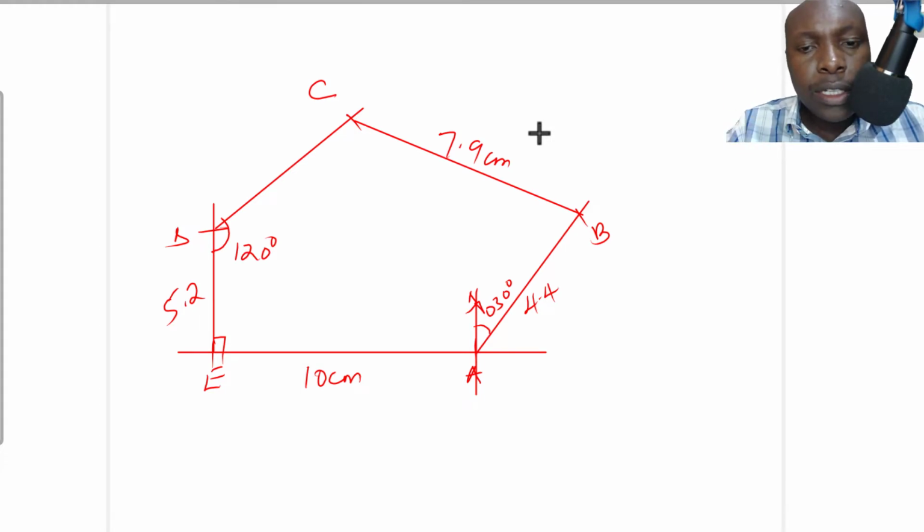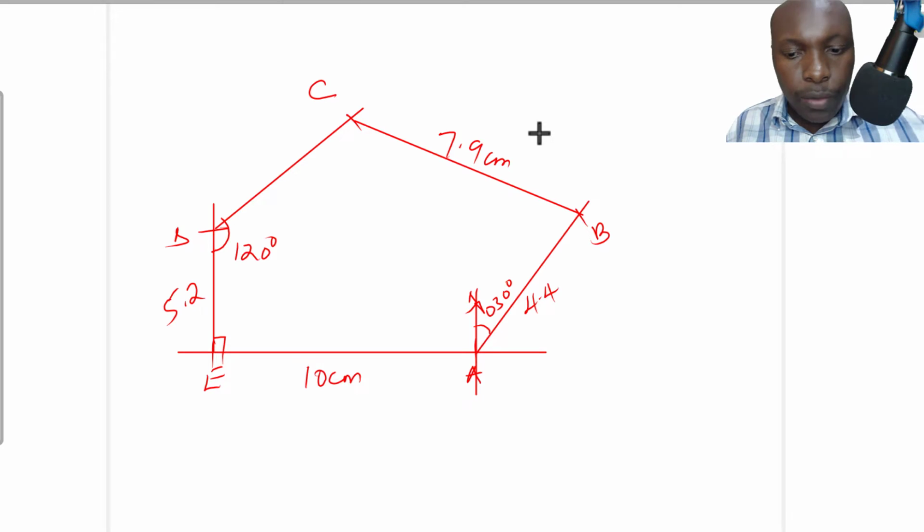Now it is from this sketch that we shall be able to do an accurate drawing. Remember, we're supposed to use strictly a pair of compasses and a ruler only. So let us go straight now and do the accurate drawing. We shall start by drawing AE.